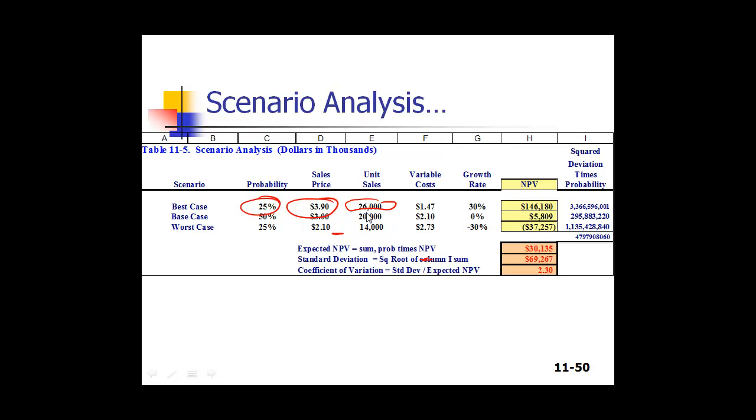The original anticipation was 20,000, but if the economy is really good, then you will sell more, variable costs less, and you have a high growth rate. Notice multiple things are happening here. One is you can give a probability to that scenario, which we did not do in pure sensitivity analysis. The other is that multiple variables are changing.